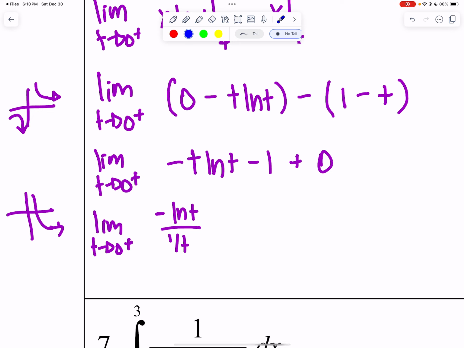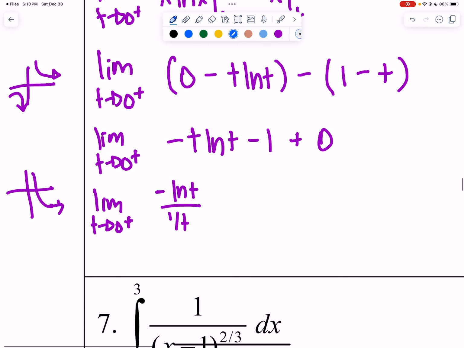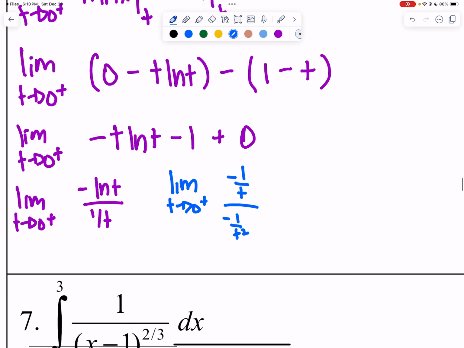So I have infinity over infinity, which means I could use L'Hopital's rule. I'm too lazy to write that, but you get the idea. So now you have the limit as t approaches 0 from the right of negative 1 over t over negative 1 over t squared.